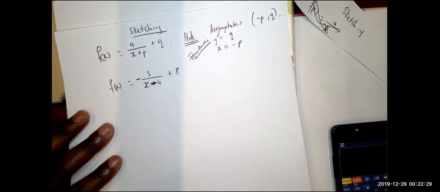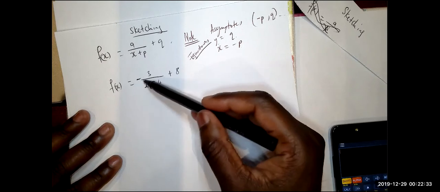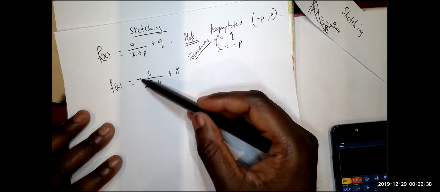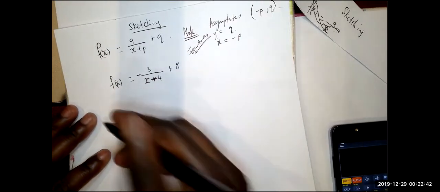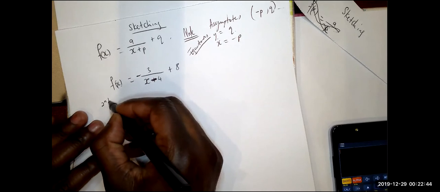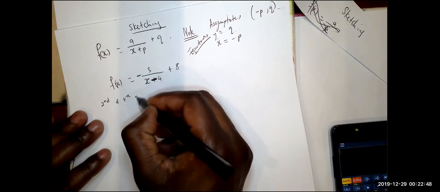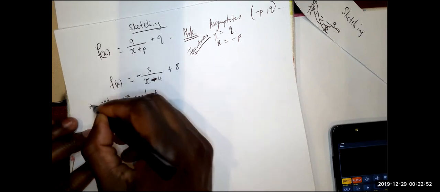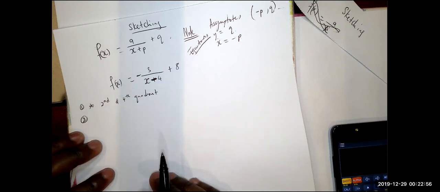Now, let's see what we have here: f of x is equal to negative. What does negative tell us? It means that our graph is going to be in the second and fourth quadrants. That's number one, very good to know. Now the second thing, let's look at the asymptotes.